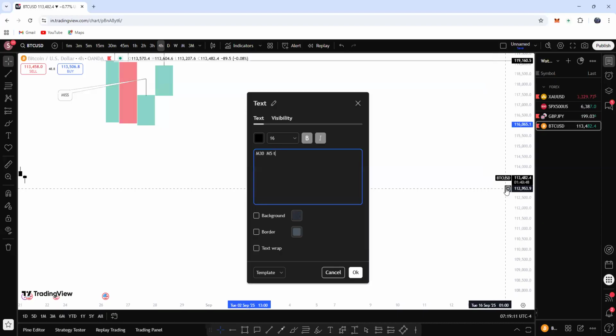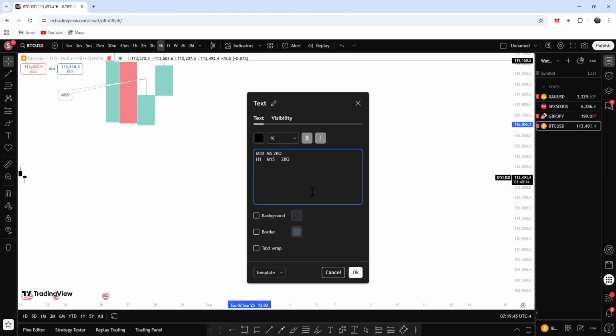If you have a setup on H1, which is your 1 hour time frame, you go to the M15. You go to your M15 for your 2 times breakout.